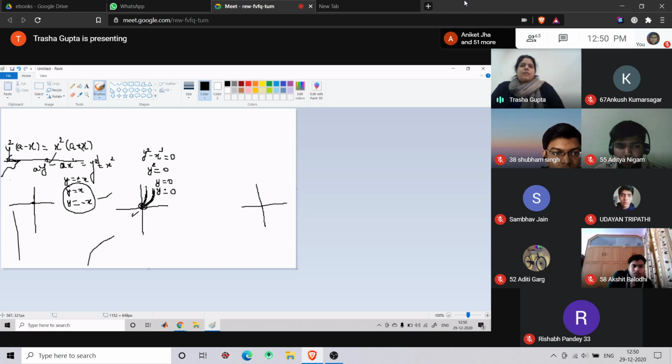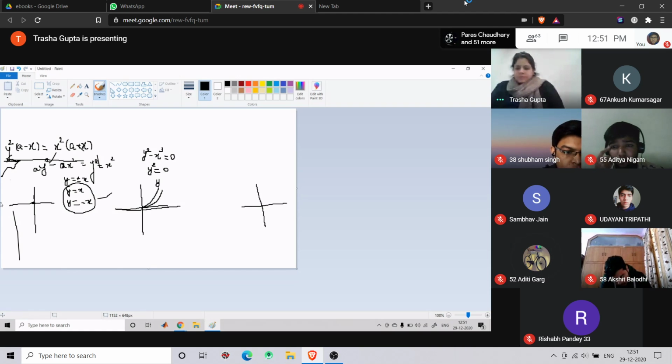So this curve has a tangent, and this curve has a tangent, and both of these tangents are the x-axis. Is it fine?